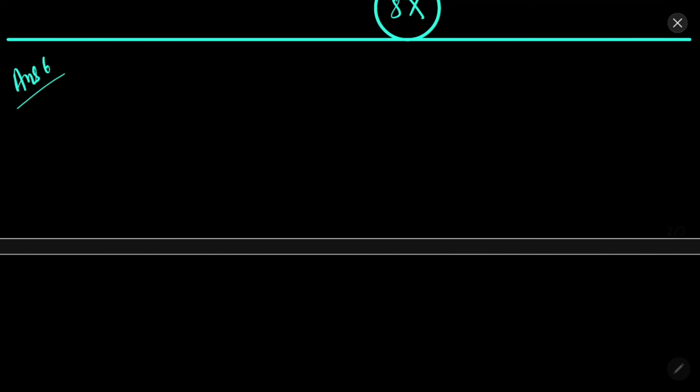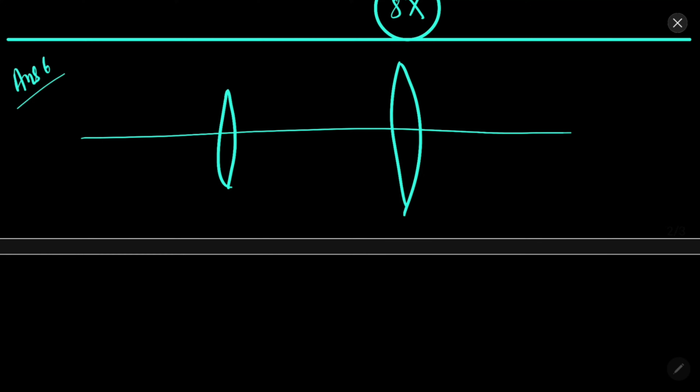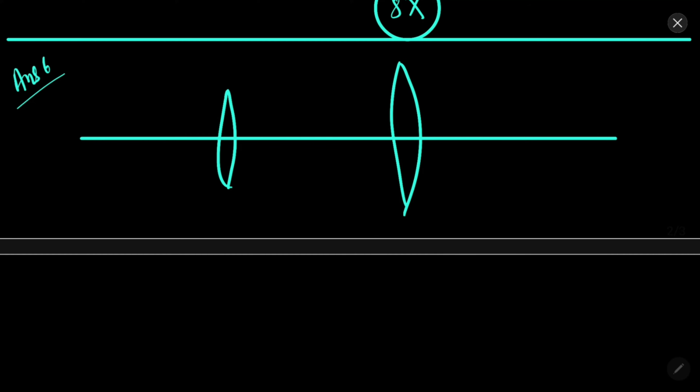Now let's try to draw the situation. In a compound microscope we have two convex lenses. The objective's focal length is less and the eyepiece focal length is more. Let's say that this is our object AB. Now after the refraction of light, the image is obtained approximately somewhere here.